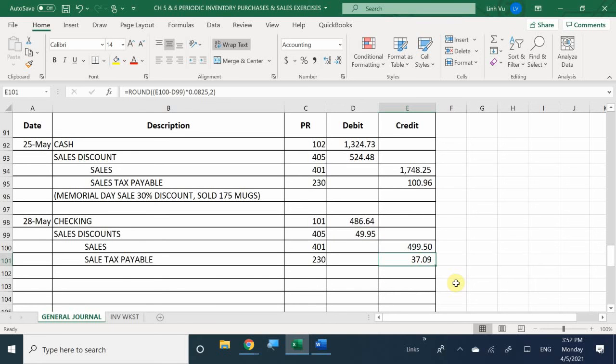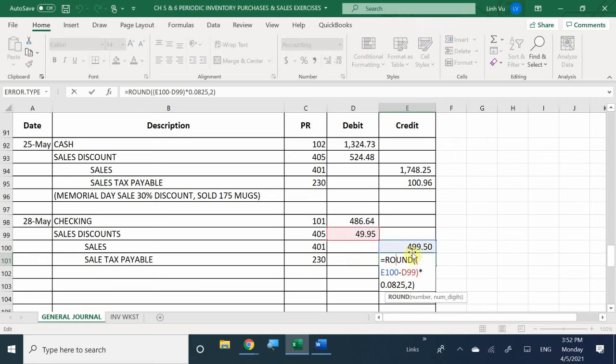Okay, so you have to be very specific on your transaction. In this case, I had to double the parentheses because I want to make sure that I calculate the 499.50 minus the 49.95 first, and then multiply it by the tax. So order of operations is very, very important, especially when it comes to Excel.